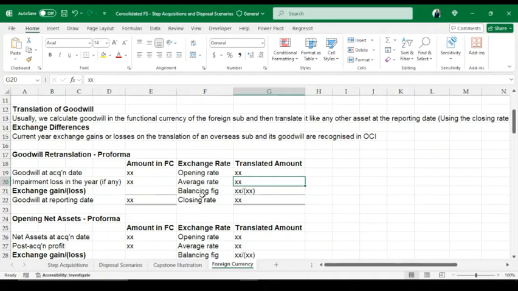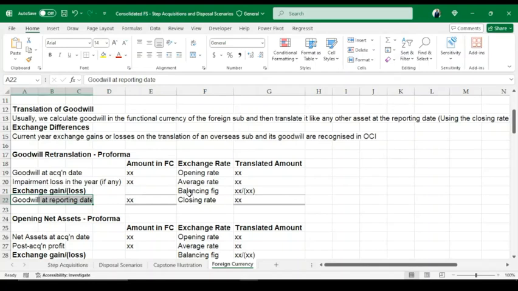Then we are going to add the goodwill at acquisition date to the impairment loss, and at the end of the period we are going to have a goodwill at the reporting date, and we translate that as well into the group's presentation currency.